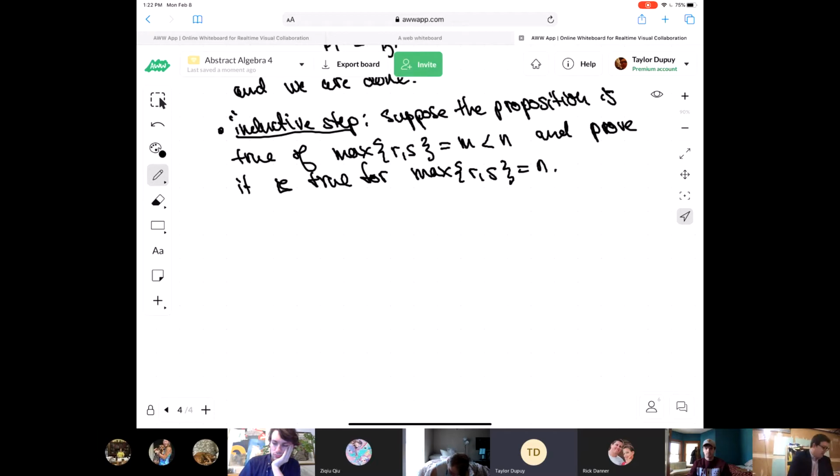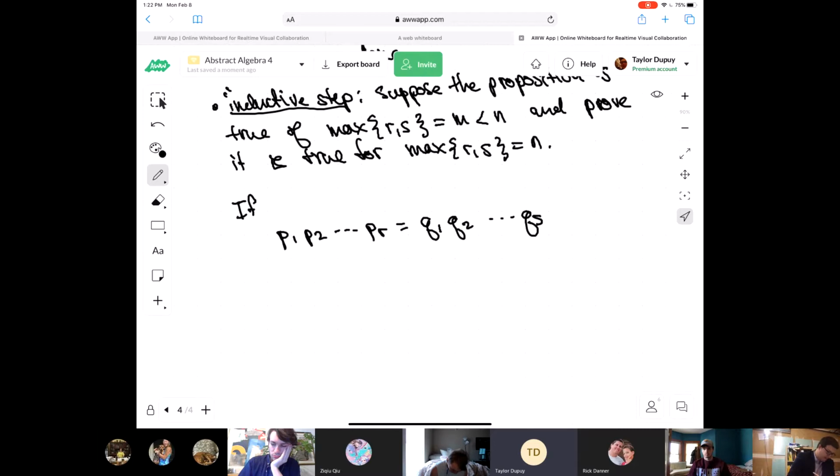This is really not so difficult. If P1 P2 through PR is equal to Q1 Q2 through QS, then P1 divides Q1 Q2 through QS.